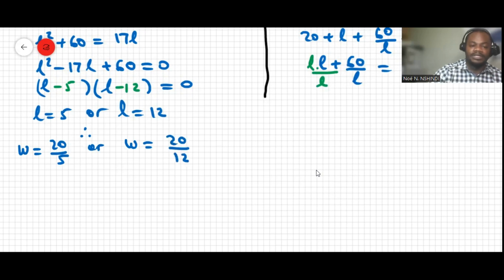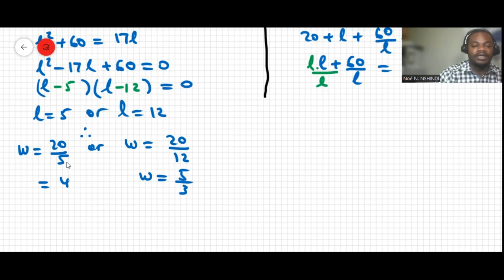Now, let's see. If it's 20 over 5, W will be equal to 4, okay? And then here it will be equal to, by 4 by 4, this will be 5 over 3.